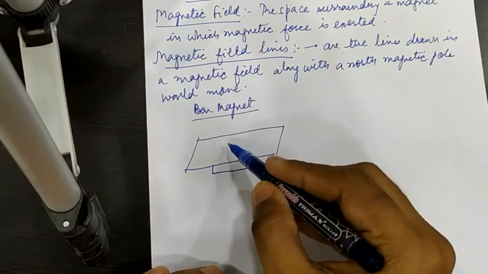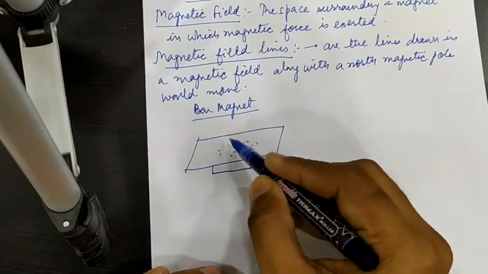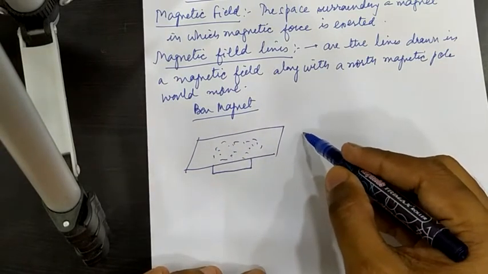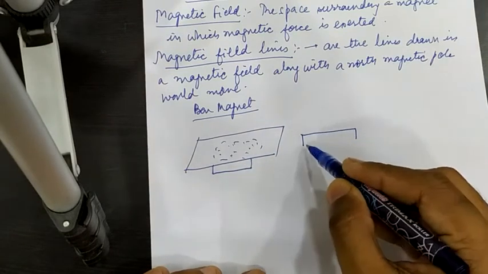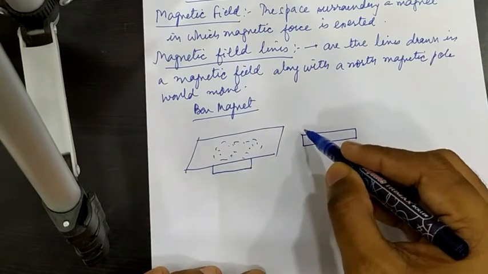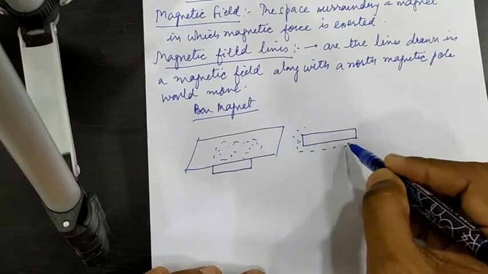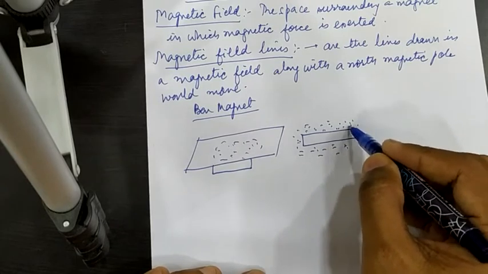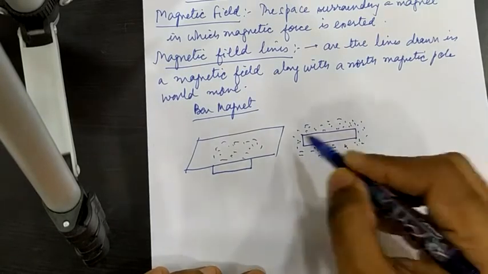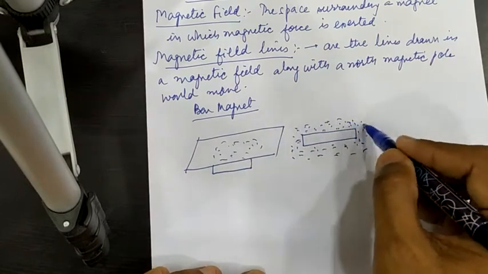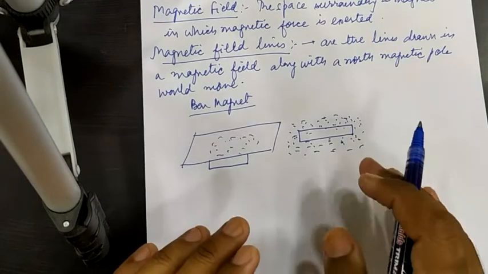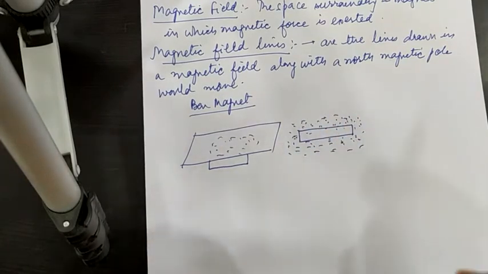Now if you sprinkle some iron filings on this, you will observe that the iron filings will be seen like this. This shows that the magnet has influence on the surrounding areas, and accordingly you can get the magnetic field lines.